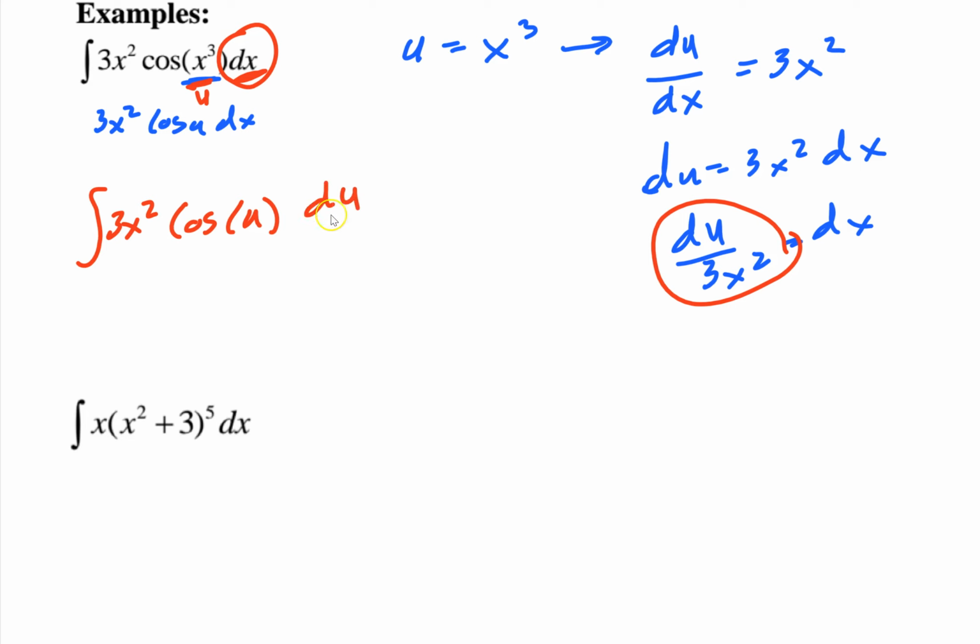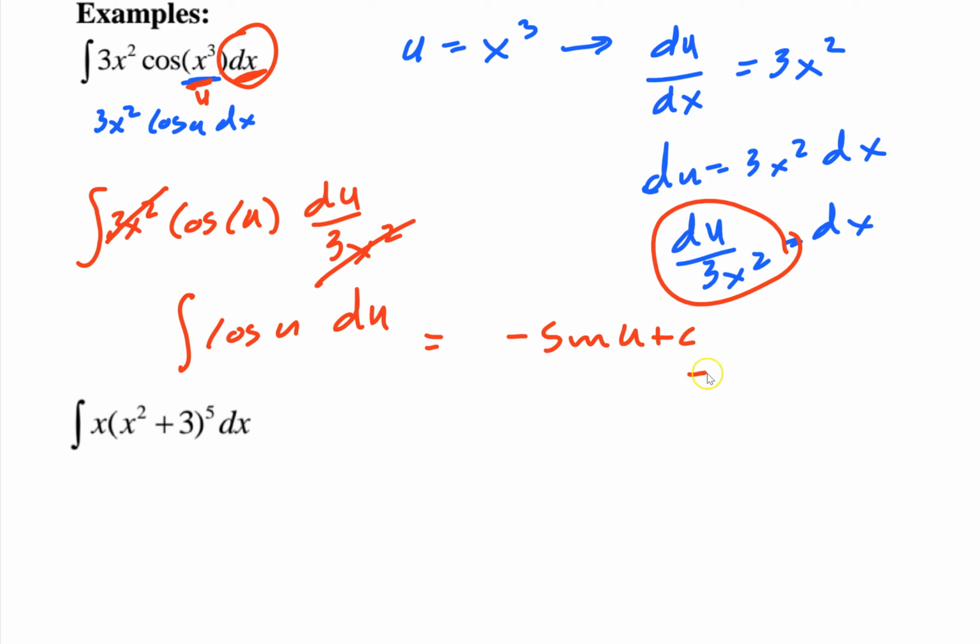So du over 3x squared. If you notice, these cancel. You just get the integral of cosine u du, which gets me negative sine u plus c. Now you plug your u back in, negative sine 3x squared plus c.